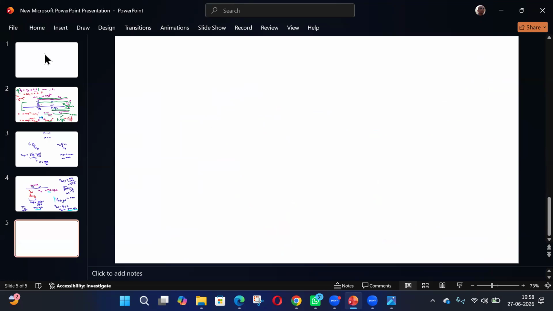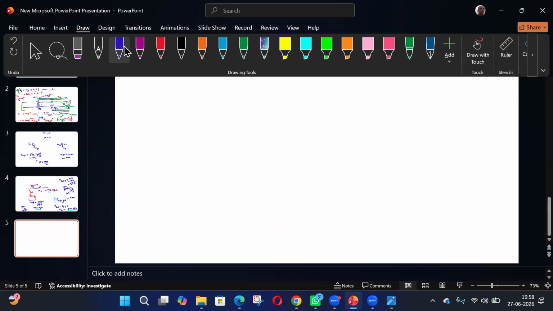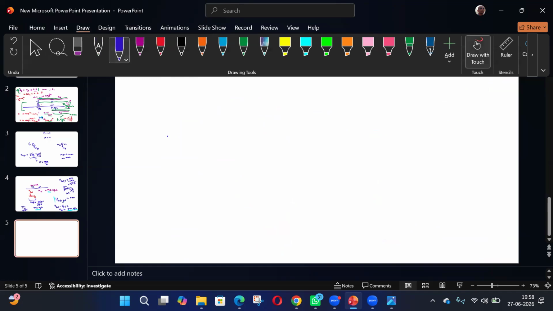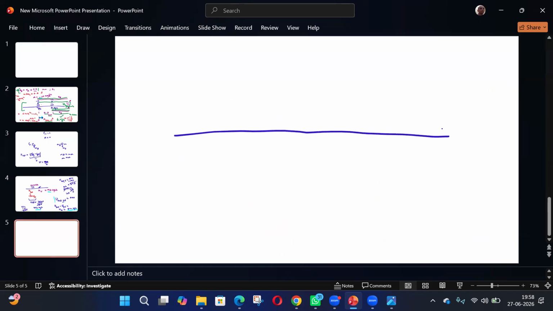It's just 1D motion, so let me consider only straight line motion. Let me consider a straight road, and let me take a car. Say it's starting from rest, initial velocity 0. So here it is 10 kilometers per hour.